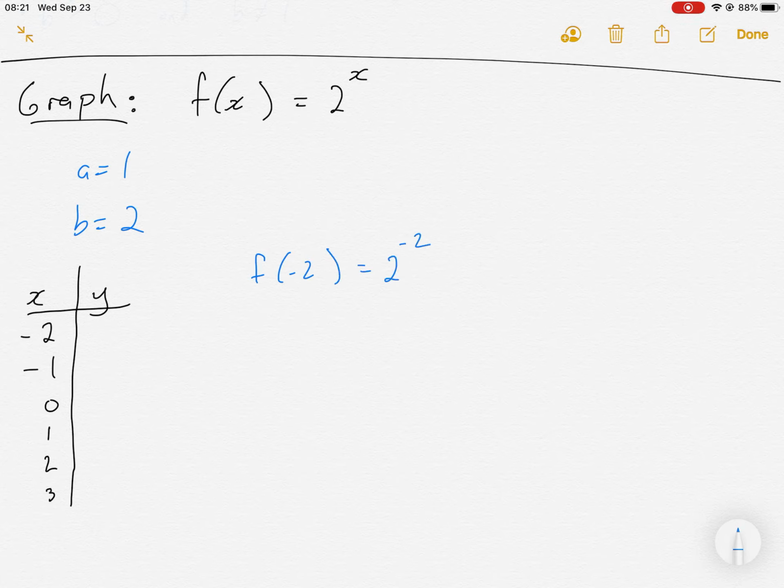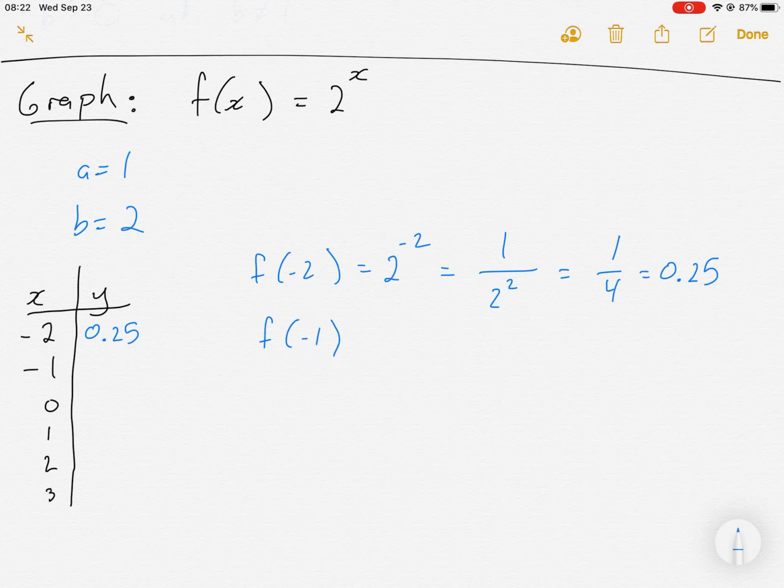Another good chance to review some exponential properties. The negative in the exponent means that you actually have the 2 squared in the denominator, which is 1/4. In order to graph this, I will actually write down the decimal approximation here, 0.25.